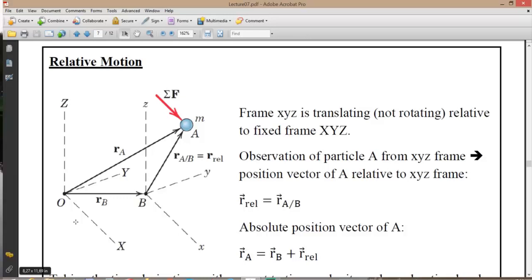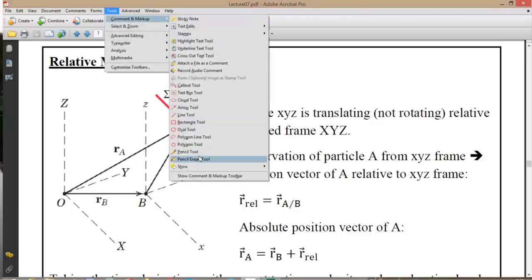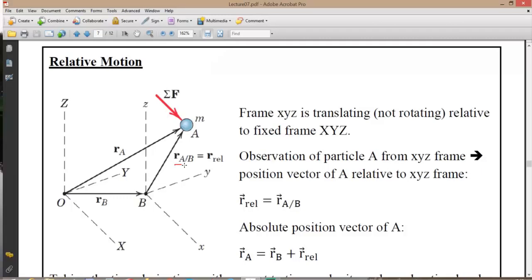And there's the inertial frame with the origin O, and this particle's motion is also observed from this point O. The vector associated with the observation from the inertial frame is named r with a subscript of A, and the observation done from the translating frame is named r A with respect to B. So this is our vector defining the observation that is done from the frame that is translating.